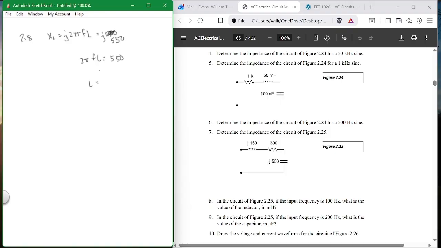It's just a backwards calculation, isn't it? Oh, and frequency is at 100, so they give you that. So they give you F is equal to 100. So L is equal to 550 over 2 pi times 100, right? So what is L? 0.2387. Any questions about that? That's all that is. It's just backwards calculations, and you can drop the J's.